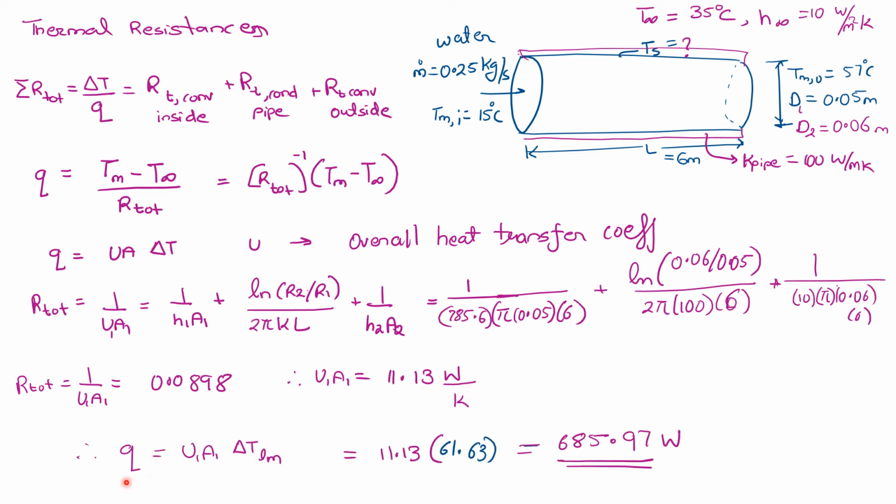Now you can calculate the heat rate between the liquid inside the pipe and the surrounding air, which is at 35 degrees Celsius, by calculating the delta T, the logarithmic mean temperature. What I've done here is that I've assumed that the logarithmic mean temperature is 61.